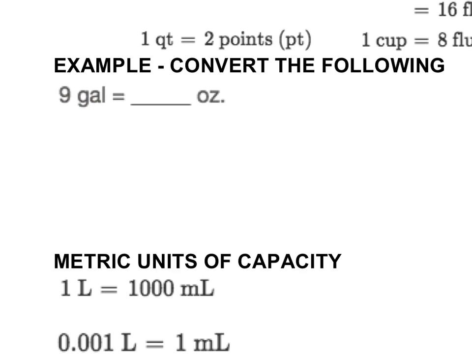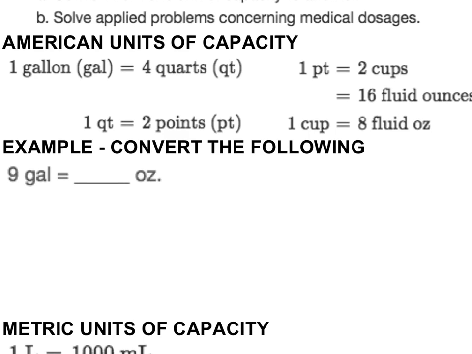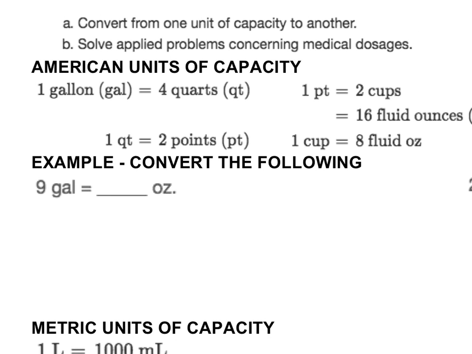9 gallons is equal to how many ounces? And this word up here should say pints and not points. Okay, pints.